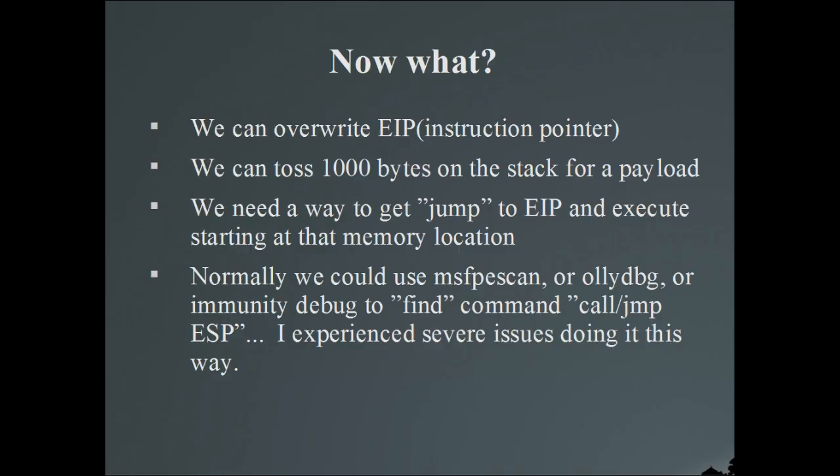So if we can find somewhere pre-existing in memory a jump ESP, not EIP, we need a way to get jumped into. If we can find a jump ESP in the program already, then all of a sudden we can execute the stuff we are going to put into ESP.